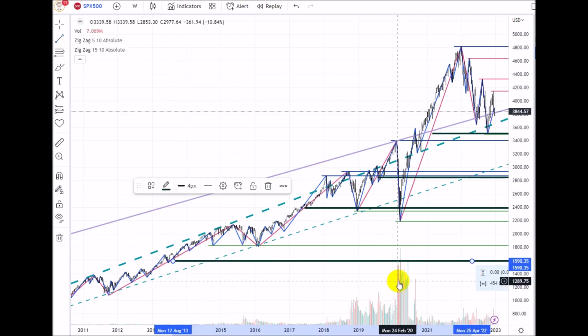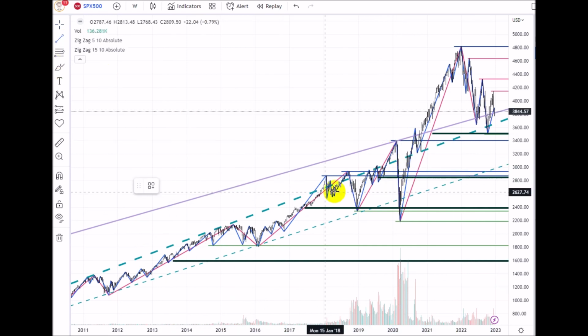Now, as far as major resistance goes, this area happens to be 50% roughly of this downward trend. So again, we look at this downward trend, and this downward trend, and this downward trend. We have an area right in here.